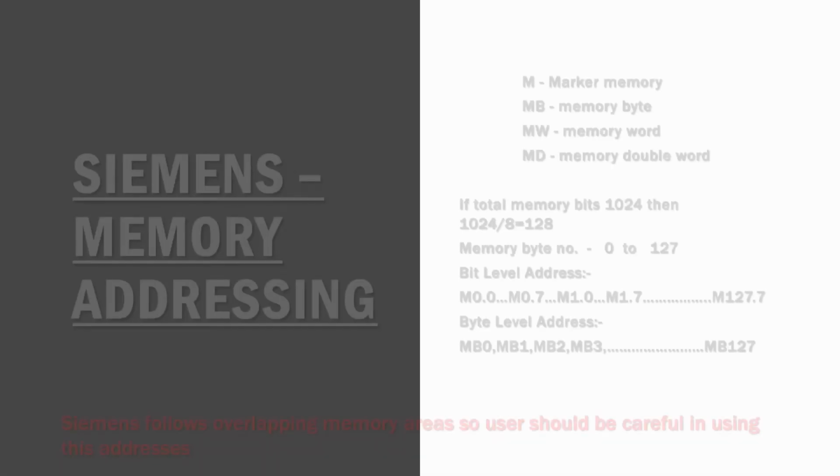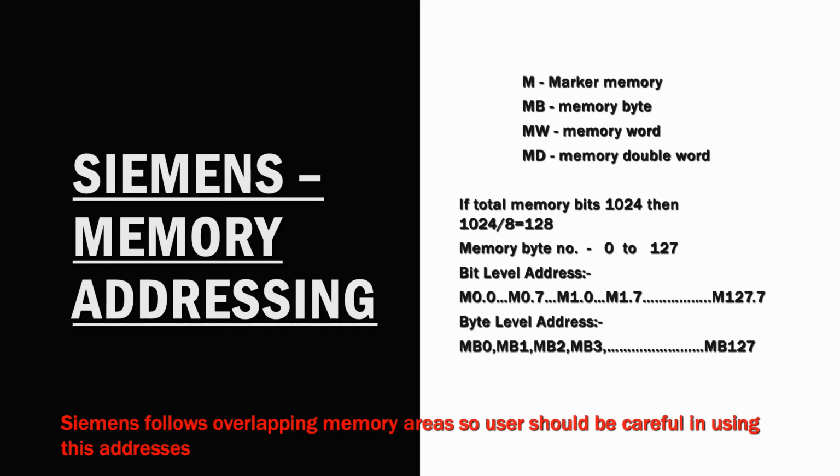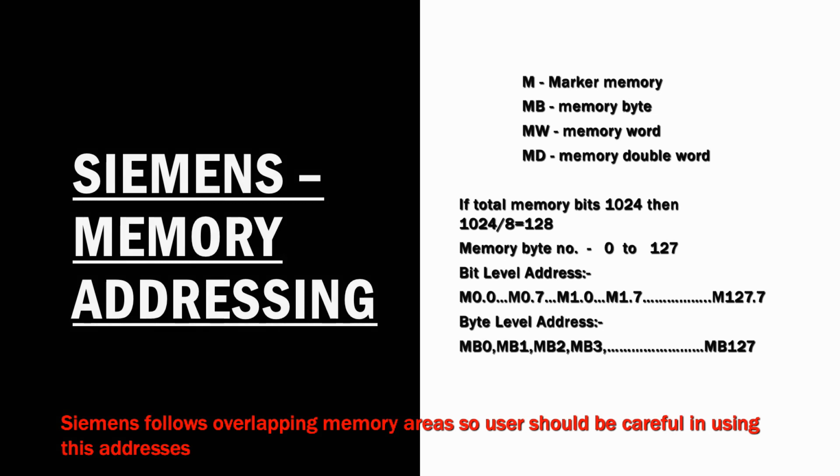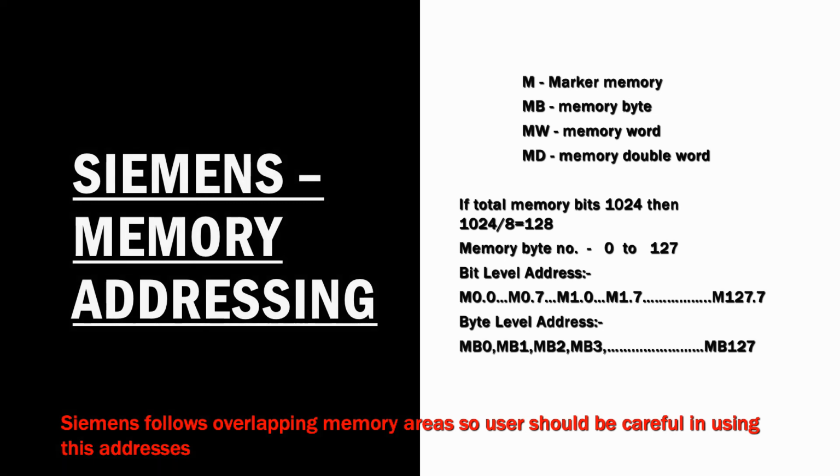We'll see memory bits. In memory, for bits, digital, we can use M, and for bytes MB, and MW, MD. M means bit addressing like input addressing. For example, bit level addressing is M0.0, M0.1, M0.2, like that, up to M0.7. M0.0 to M0.7 is 1 byte.